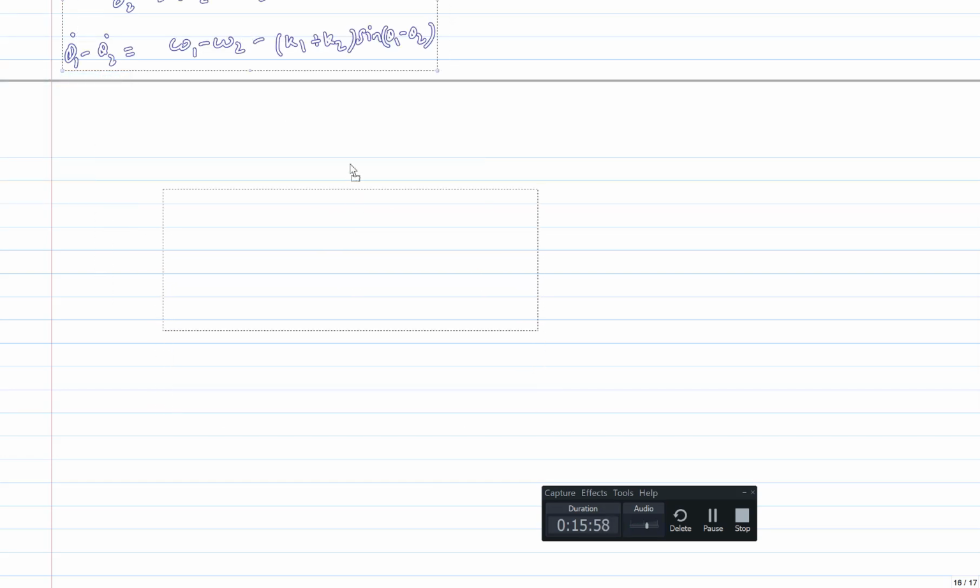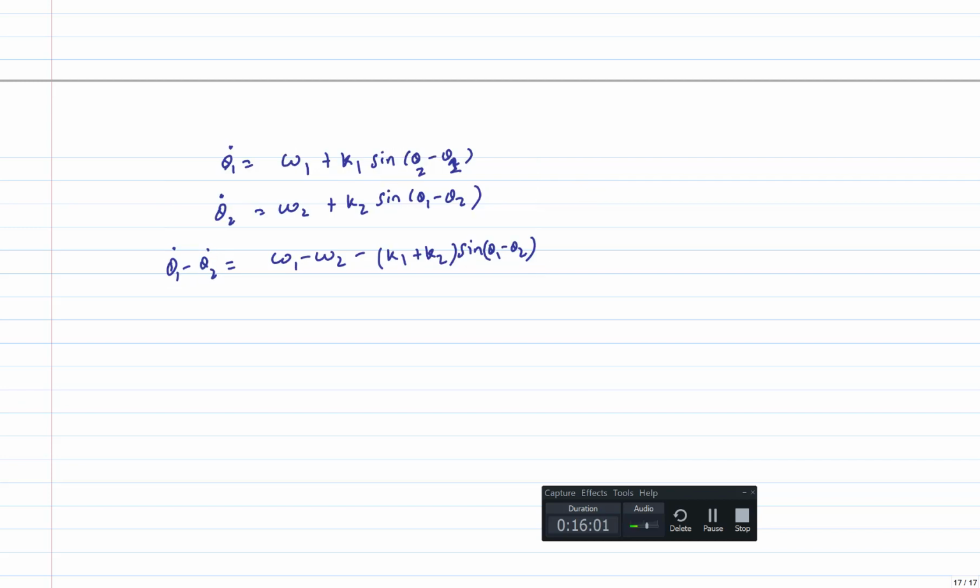So just to recap, we started with the equations for the two oscillators, and from that we got an equation in terms of the variable phi dot, and we demanded phi dot equals 0 to analyze the fixed point. Now what does phi dot equals 0 mean?